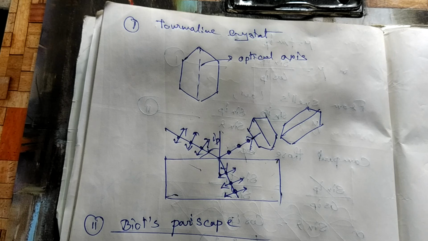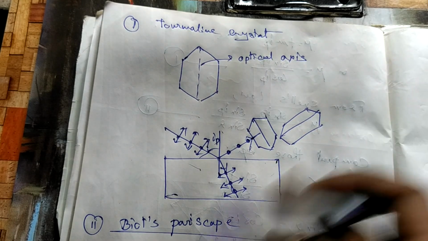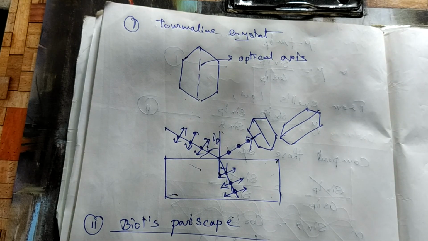This is a colorless transparent crystal. Chemically it is calcium carbonate, CaCO3. So this is the end.